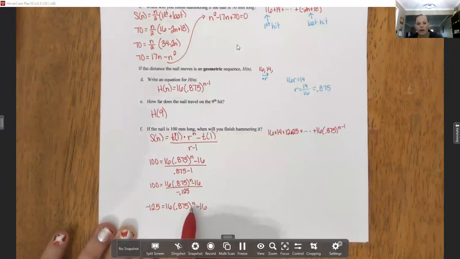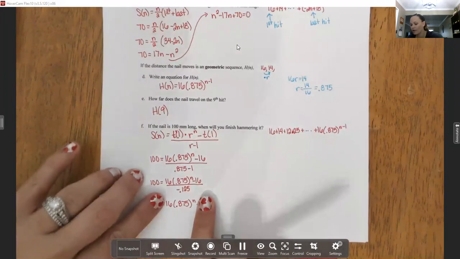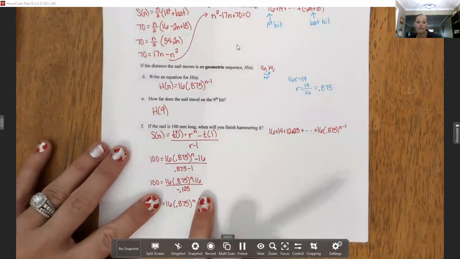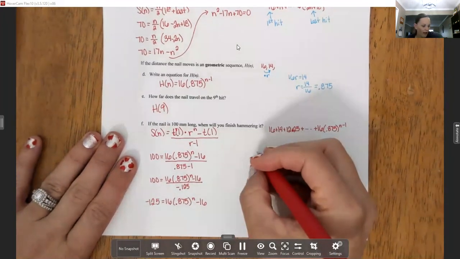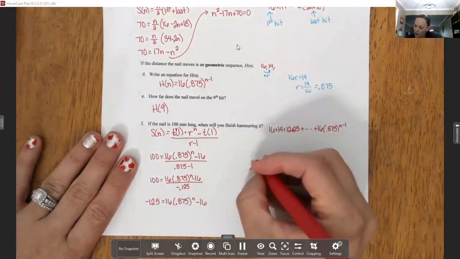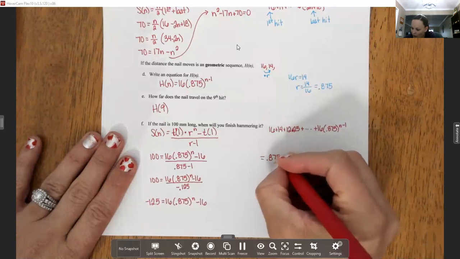We're solving for an exponent, so you're going to want to isolate this 0.875 to the n. So add 16 to both sides. Then you're going to divide by, so this one will be gone and you'll have a different number over here. Then you're going to divide by 16. So you're going to keep going until you have something is equal to 0.875 to the power of n by itself.